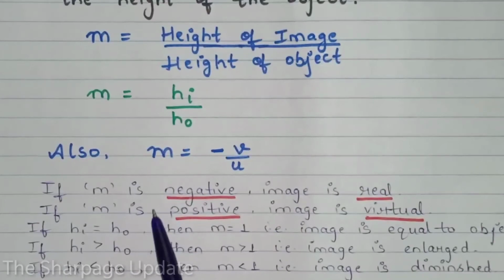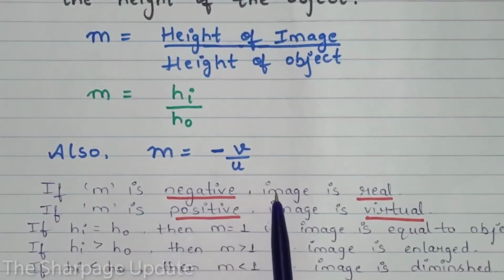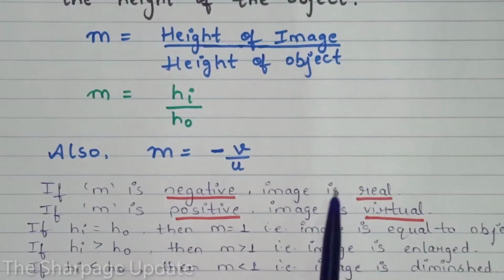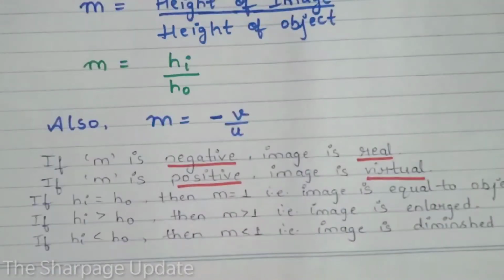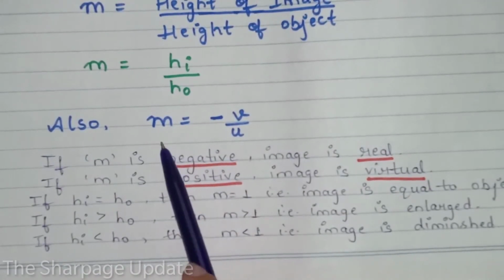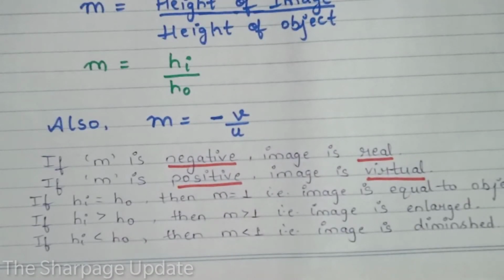Students, if the value of m is negative, then the image is real, and if m is positive, the image is virtual. If the height of image is equal to the height of object, then m is equal to 1.